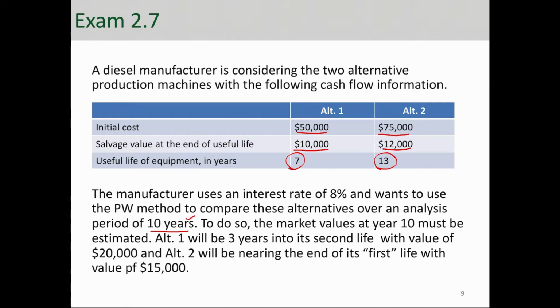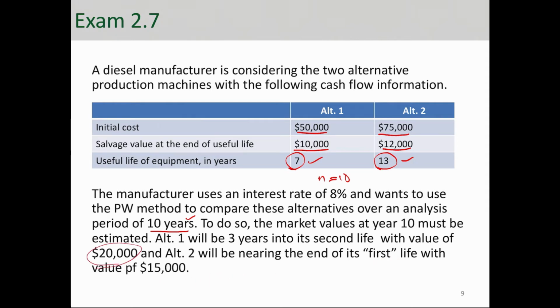So for this case, the analysis period is 10 years and is not equal to either of these two. What we have to do is estimate the market values of these alternatives at year 10. The market values at year 10 must be estimated. Alternative 1 will be 3 years into its second life, right? With a value of $20,000, and alternative 2 will be nearing the end of its first life with a value of $15,000.